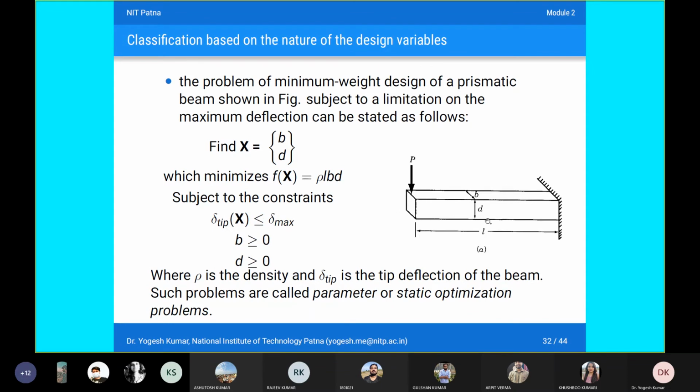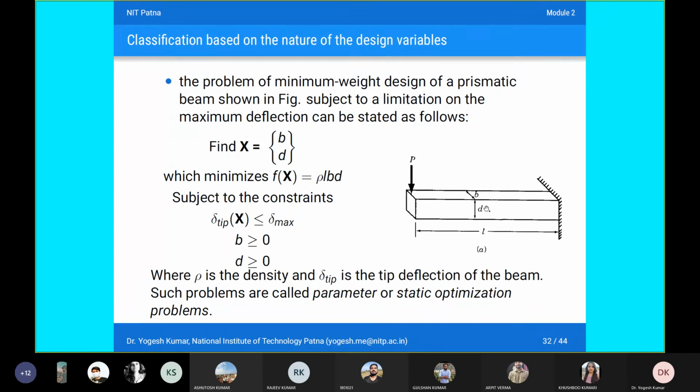So this is the first kind of problem where the design variables are independent of each other. They are not dependent on each other.